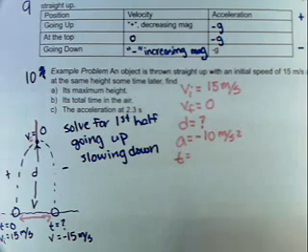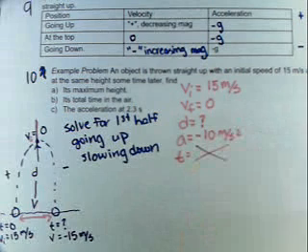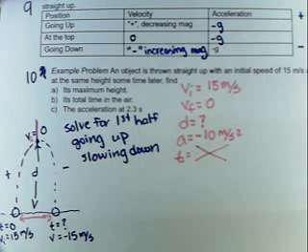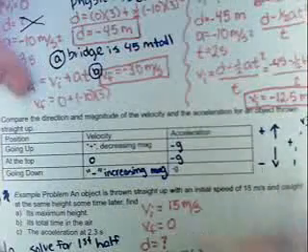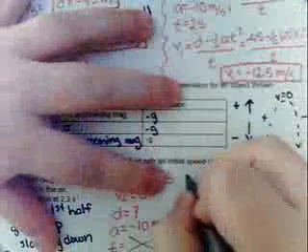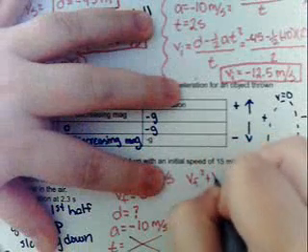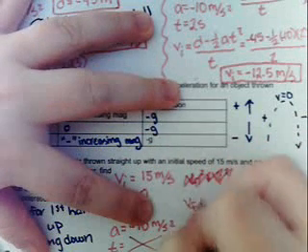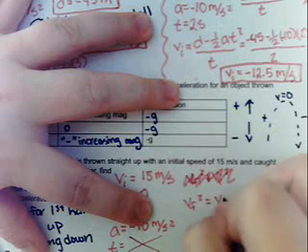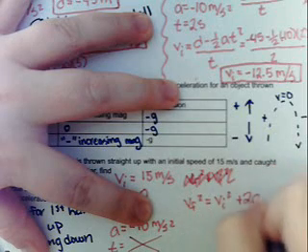Okay, time is what we're not looking for. So if we look up here for the one that doesn't have time, it's the one that has the squares. VF squared equals VI squared plus 2AD.